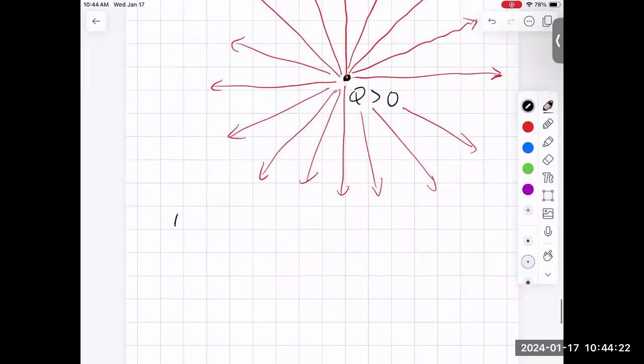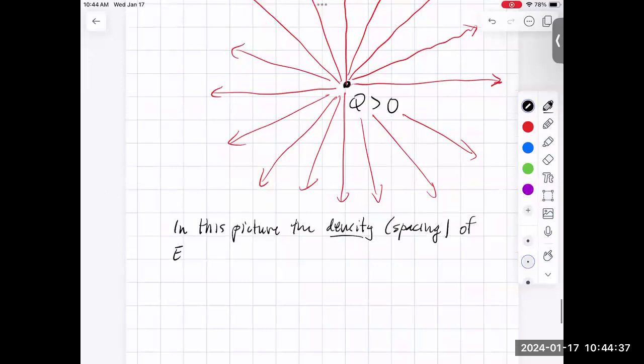So in this picture, the density or the spacing of the electric field lines tells us the strength of the electric field.